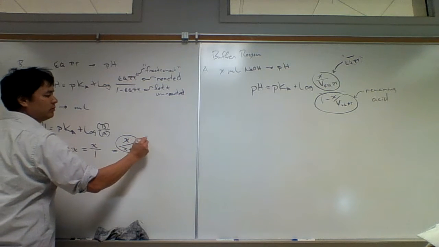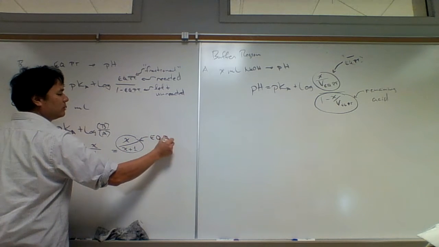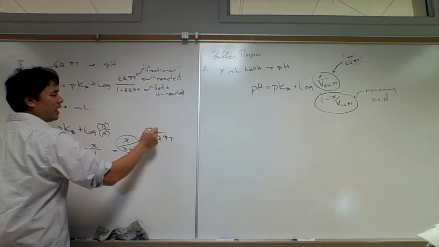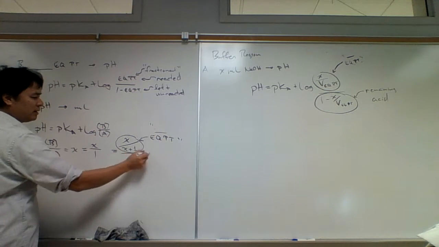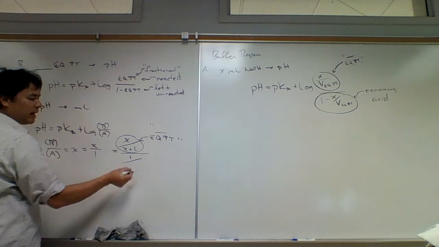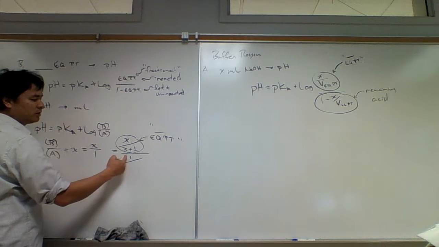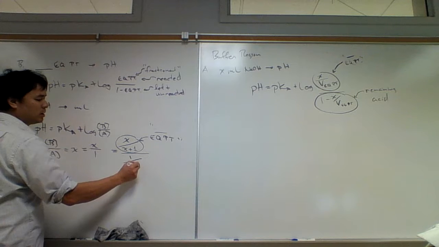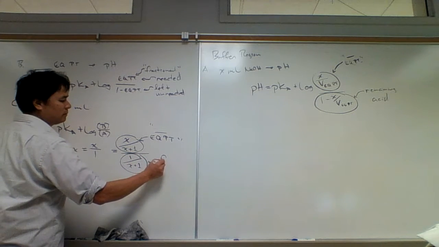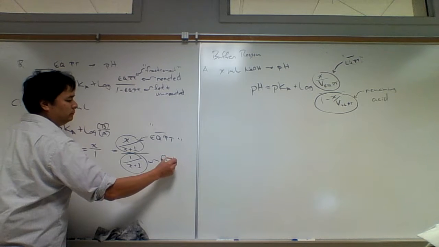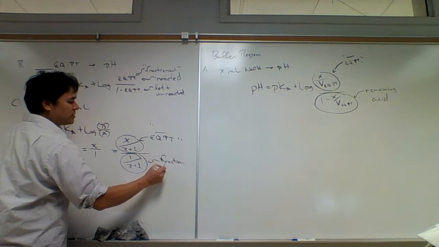This is what we call the blank equivalence point, so it could be the half equivalence point or whatever. The fraction that's left unreacted is going to be 1 over the total, X plus 1. This is the fraction of acid that remains unreacted.